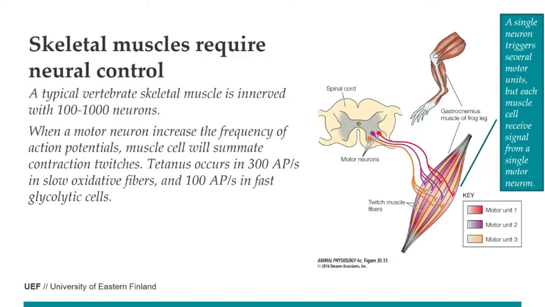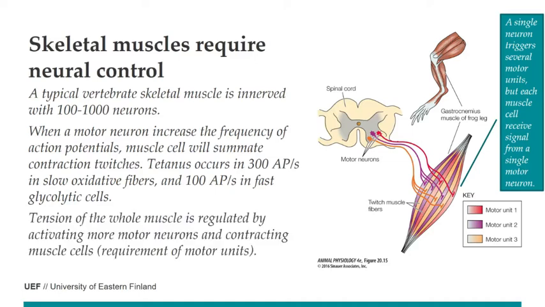So you can control your skeletal muscle cells by having less frequent or more frequent action potentials in these 100 or 1,000 neurons. But the best way to control it, because you have such a huge number of neurons, is to vary how many neurons are sending the signal. So that's why you have this recruitment of motor units.